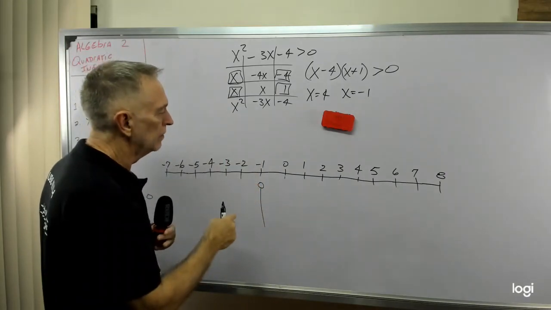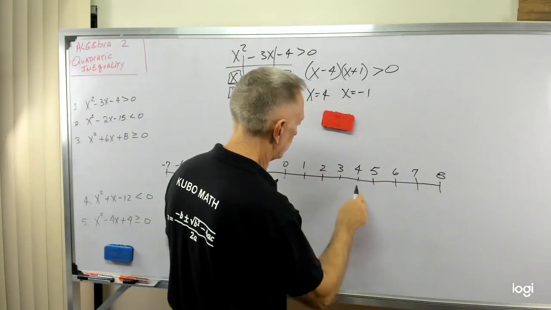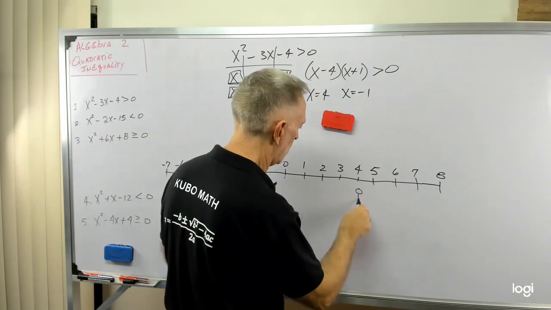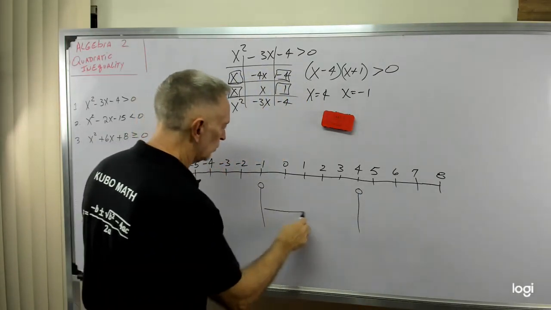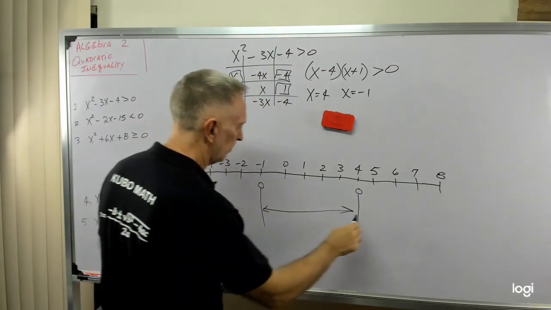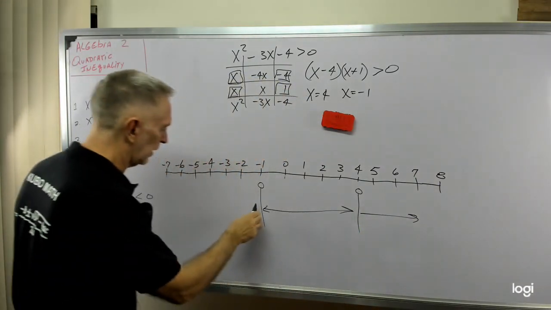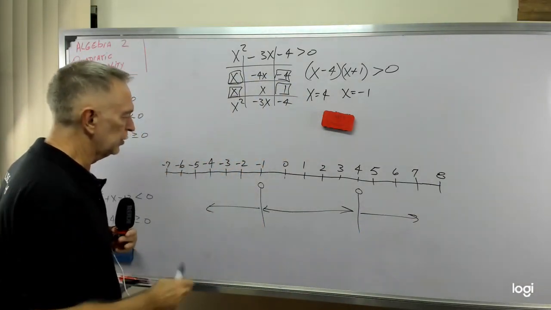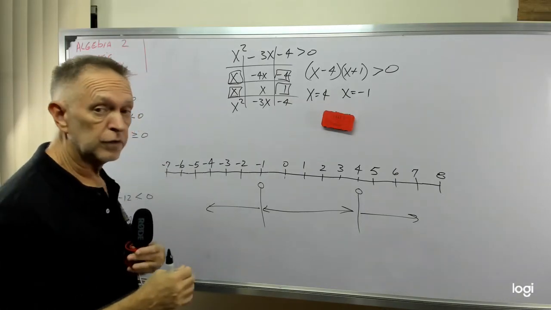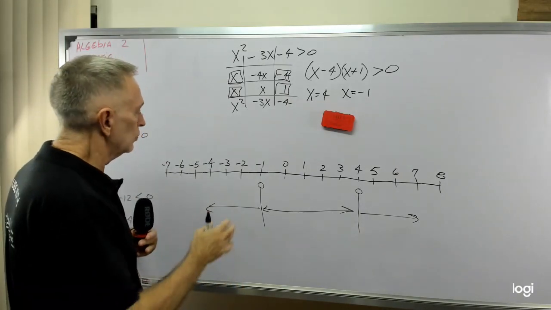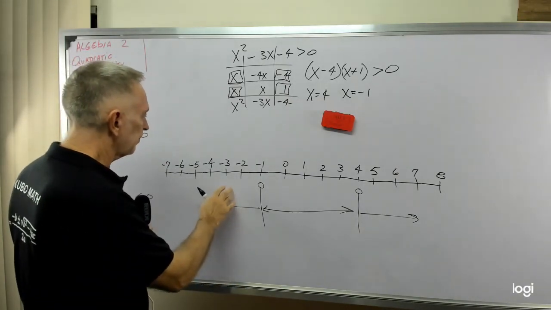Now x equals 4, or almost reaches 4, so that gives me a region greater than that, and a region less than that of concern. So let's look at this region.